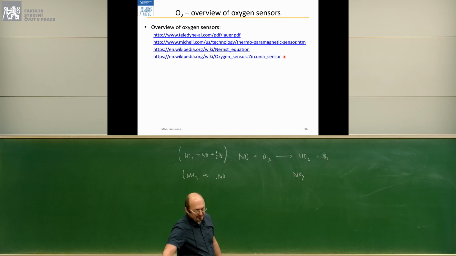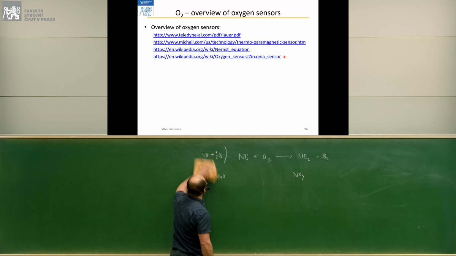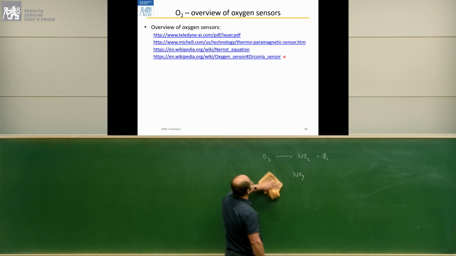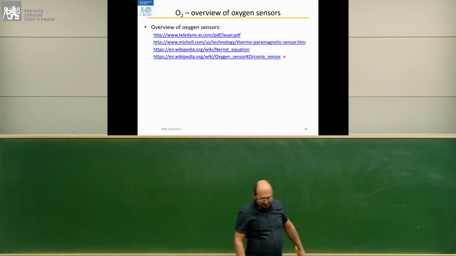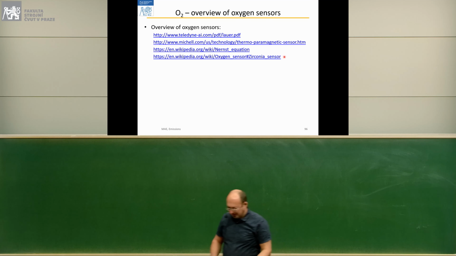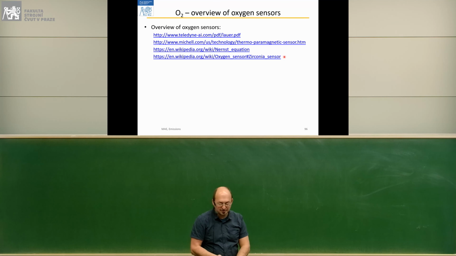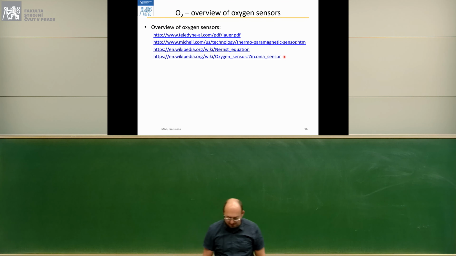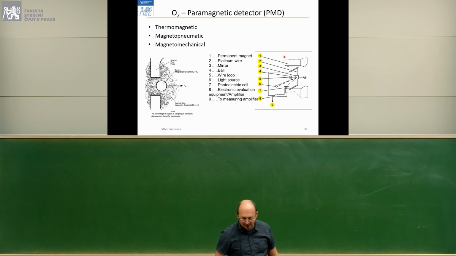Oxygen sensors. Historically, paramagnetic sensors were used. Now, many oxygen analyzers are solid-state zirconia cells like you have in vehicles, and also tunable diode lasers are used for oxygen measurement, which is technology in development.